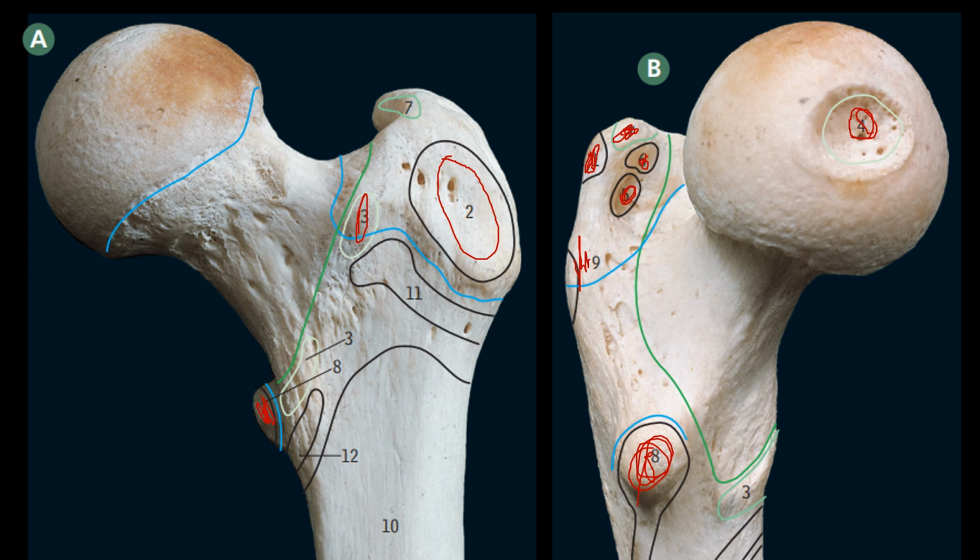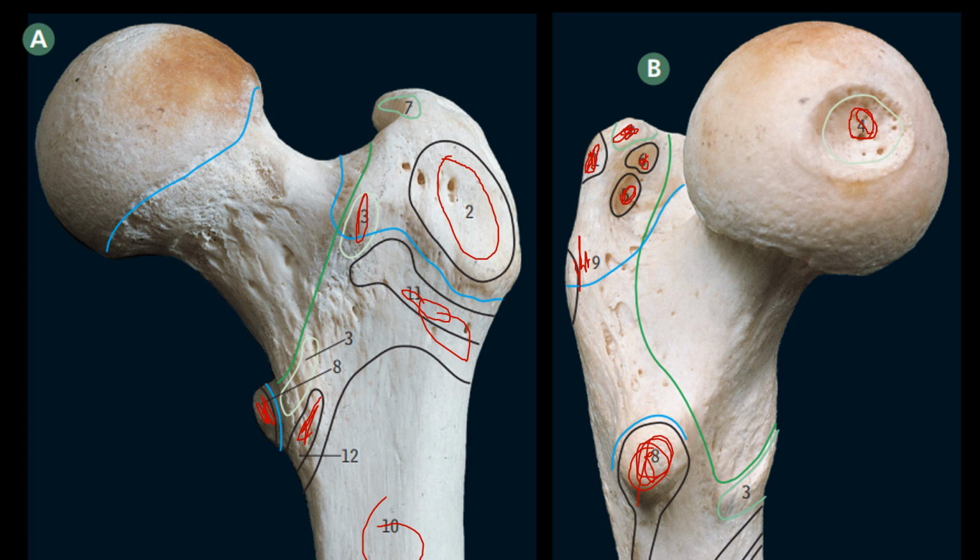Number 10 is for the vastus intermedius, 11 is for the vastus lateralis, and 12 is for the vastus medialis. The vastus lateralis, number 11, arises from the upper part of the intertrochanteric line, the anterior and inferior aspects of the greater trochanter, the lateral margin of the gluteal tuberosity, and the upper half of the lateral lip.